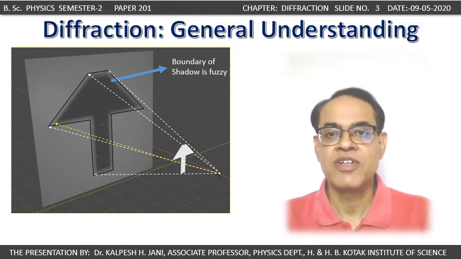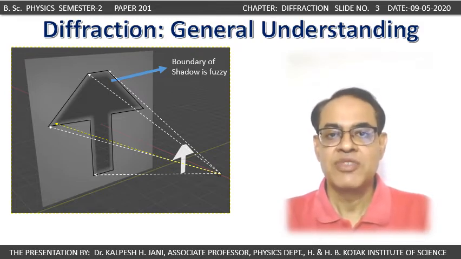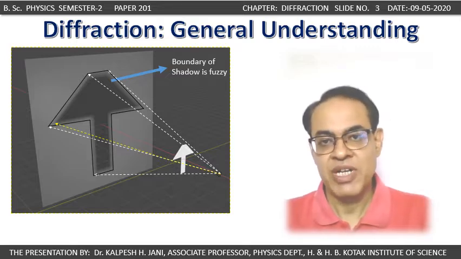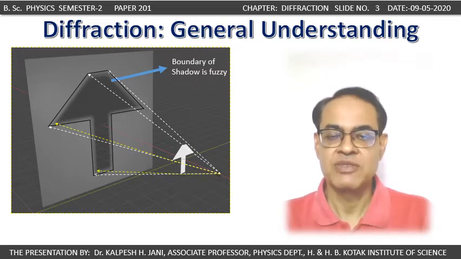So let us first see this thing diagrammatically and have some historical information regarding diffraction. Then we shall proceed with the term diffraction. What does it mean? In the next slide.